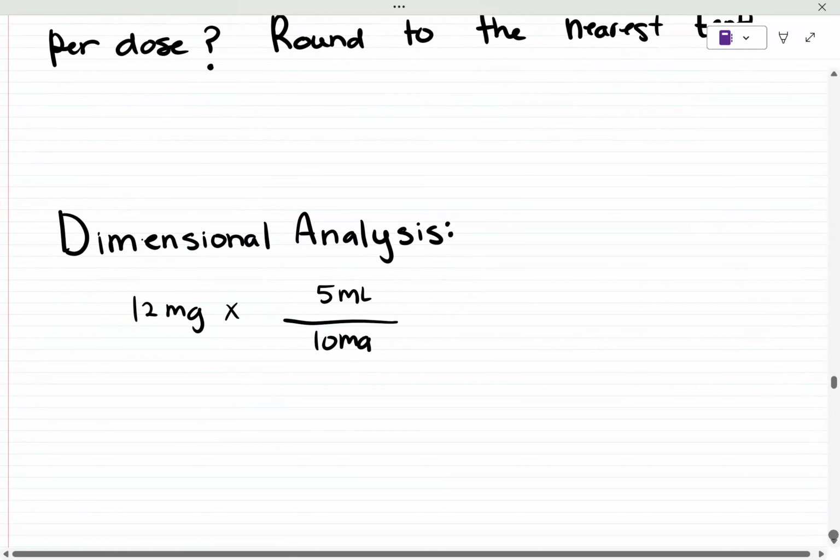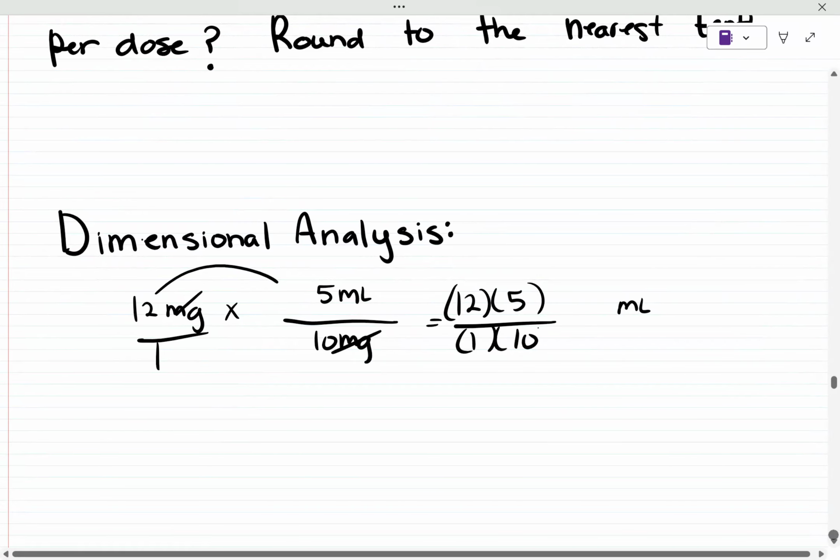That was given. That's our availability. Then the milligrams disappear, and our final answer is milliliters. So 12 times 5, over 1 times 10, gives me 6 milliliters.